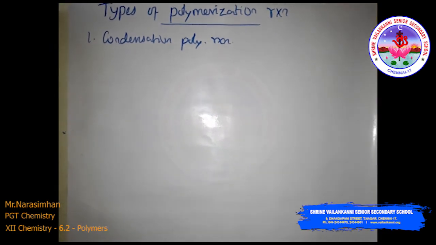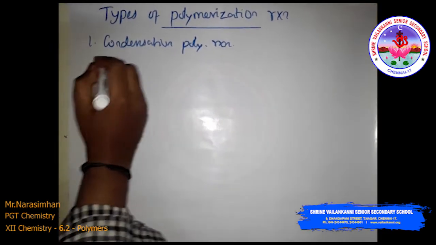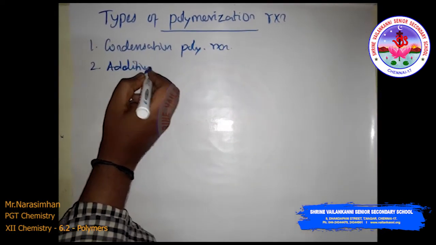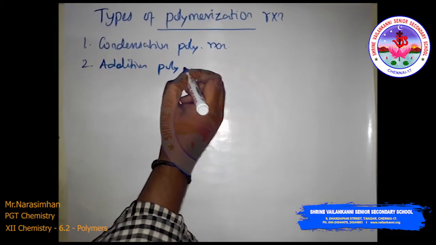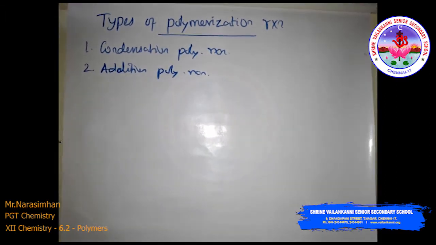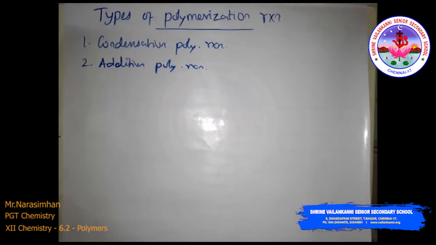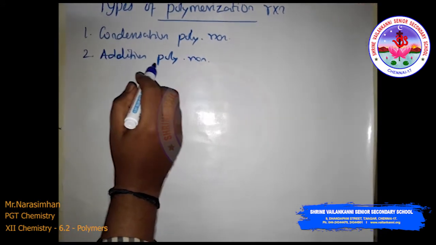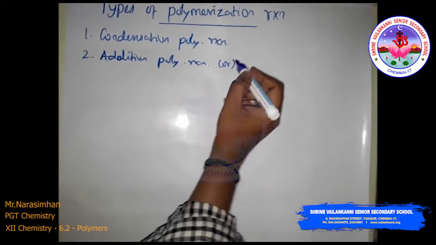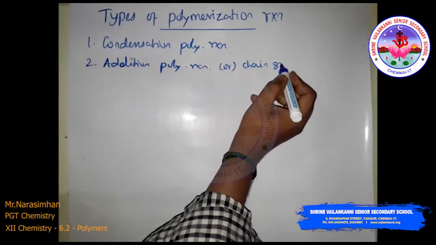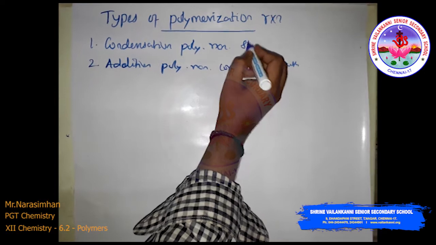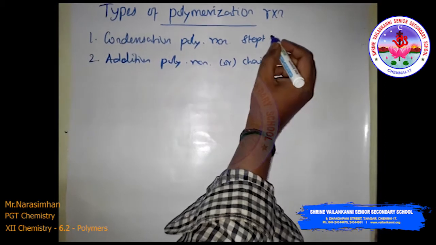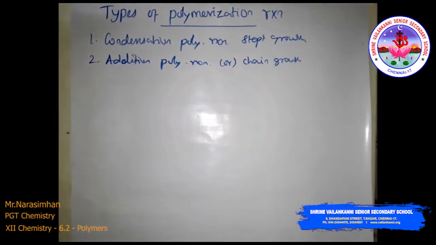The second one is addition polymerization reaction, or chain growth polymerization reaction. This addition polymerization is chain growth. This is step growth. Okay, the condensation is step growth polymerization reaction.